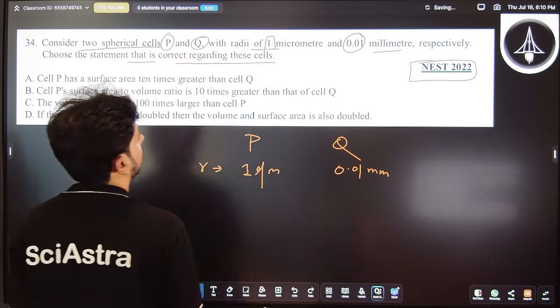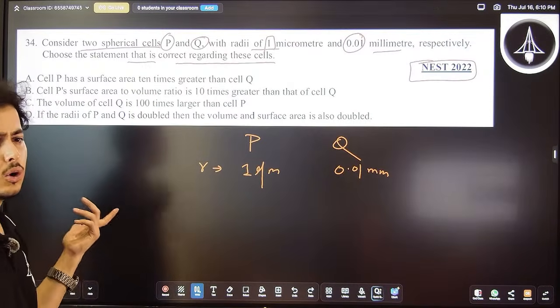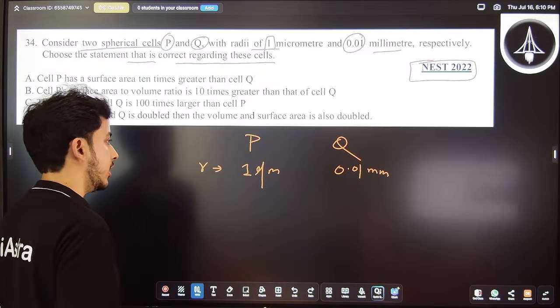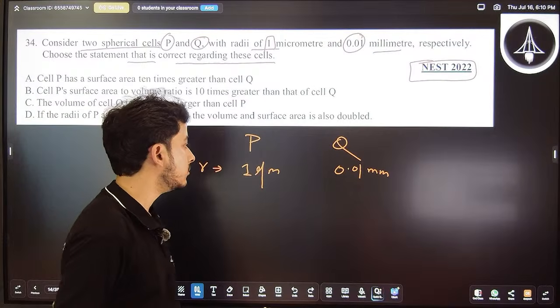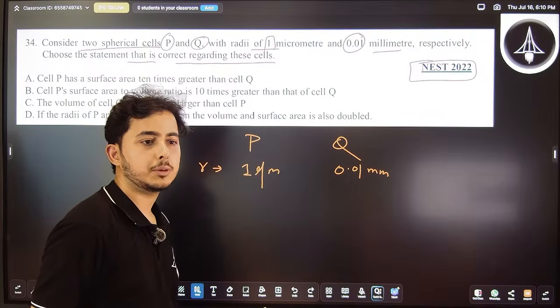Now you have to tell which has more surface area or volume, or these kinds of things. So how can you do these kinds of questions? Can you tell?